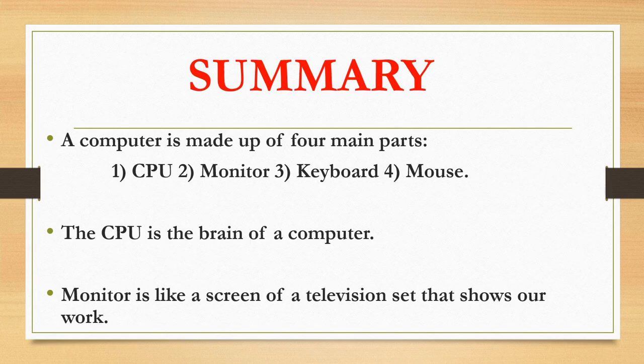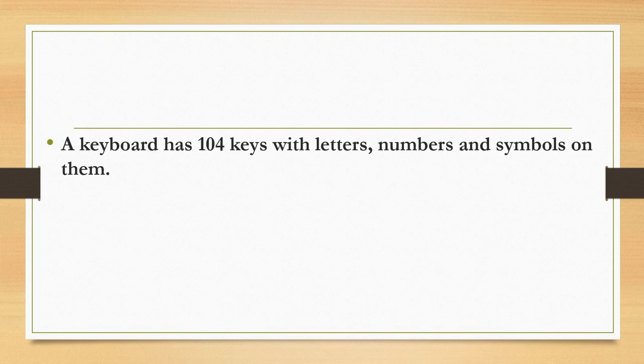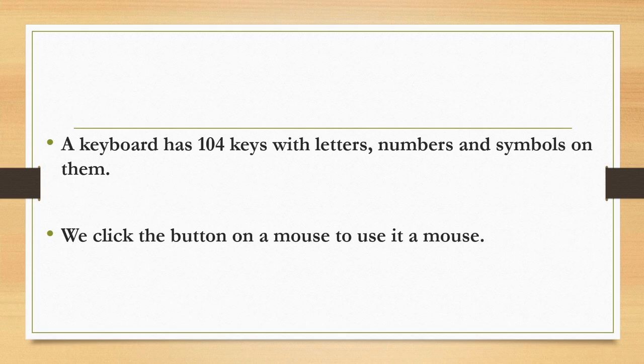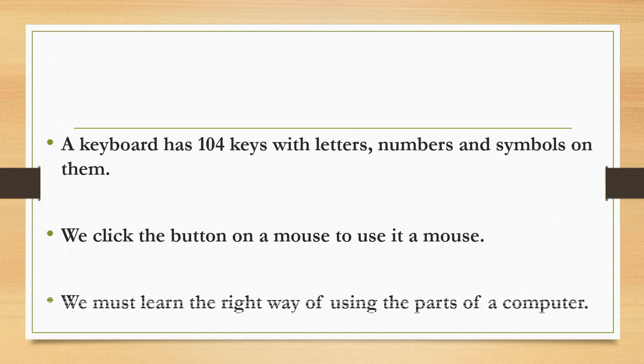Monitor is like the screen of a television set that shows our work. A keyboard has 104 keys with letters, numbers and symbols on them. We click the button on a mouse to use it. We must learn the right way of using the parts of a computer.